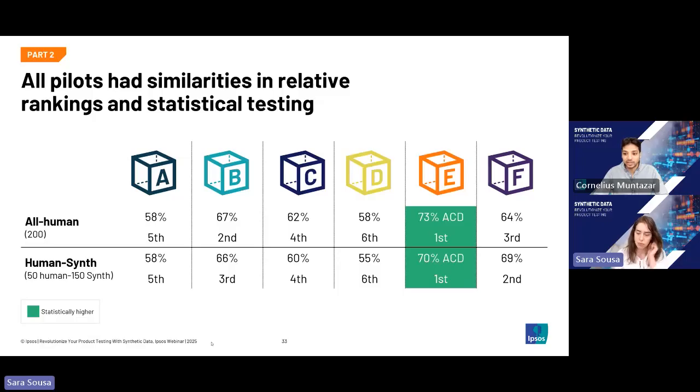It's noteworthy that there are some minor differences. For instance, products B and F flip from second to third position, depending on the research scenario we're looking at. However, these results are still at statistical parity to each other. Yet the top ranked product, product E on the slide, remained consistent between the all human sample and the augmented sample.